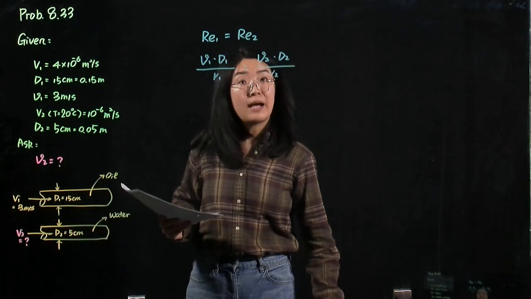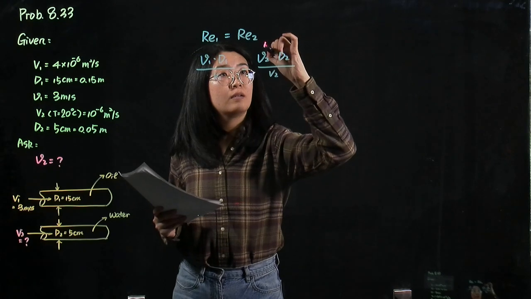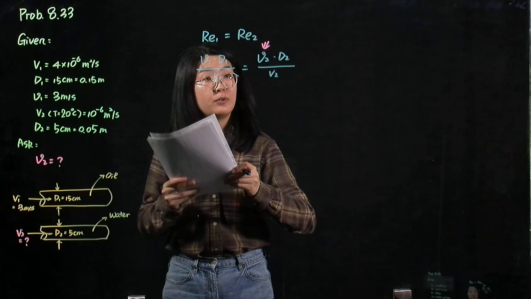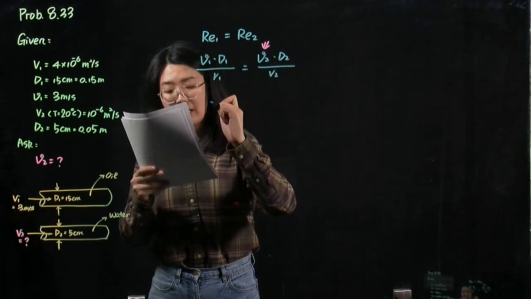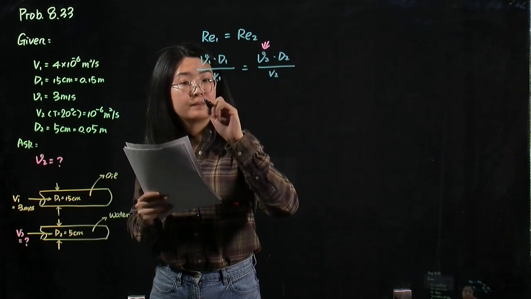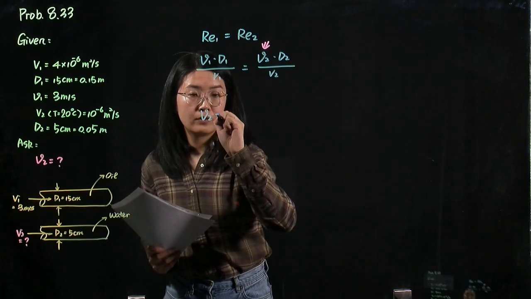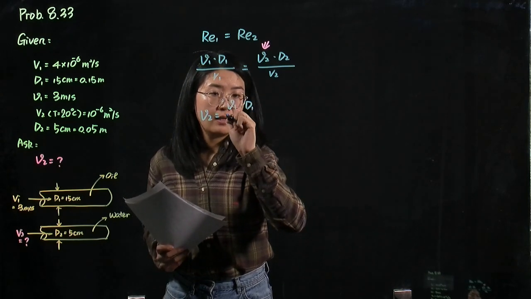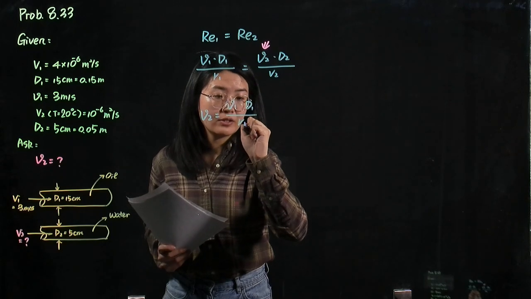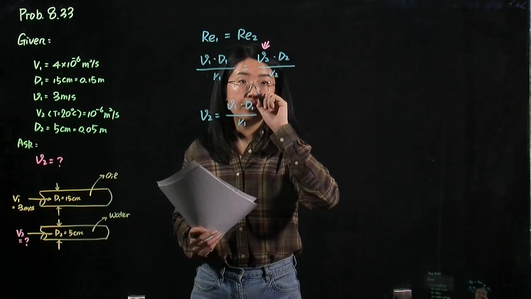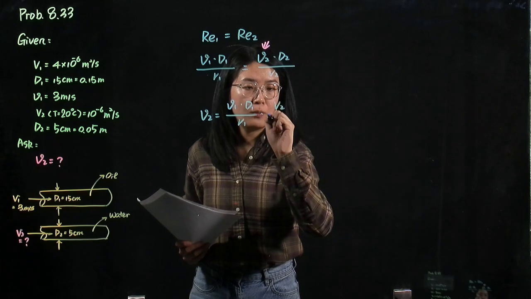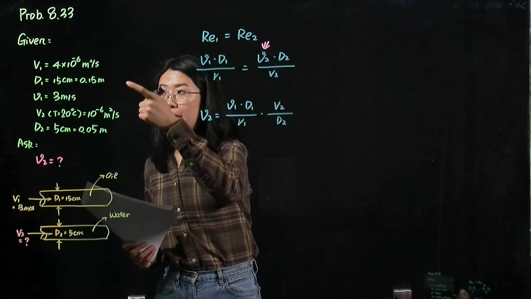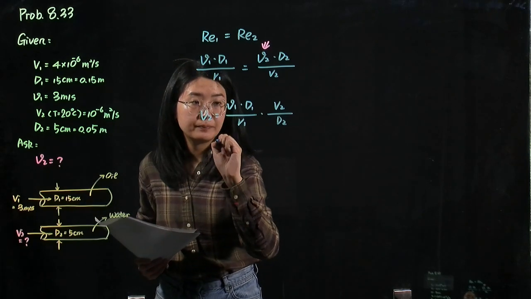We want to identify the V2 here, so we put V2 on the left-hand side. V2 should equal V1 times D1 divided by the kinematic viscosity, times the kinematic viscosity of water divided by D2.